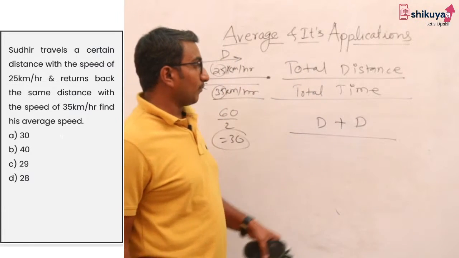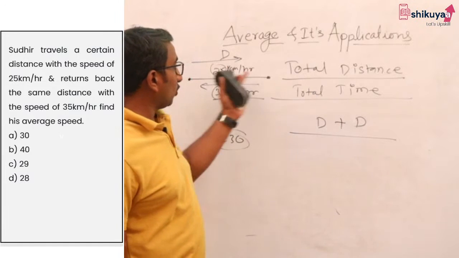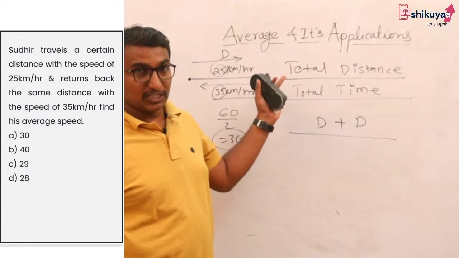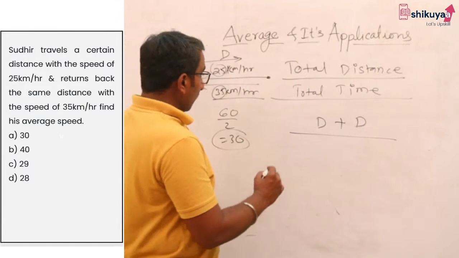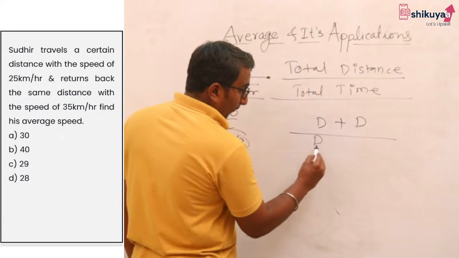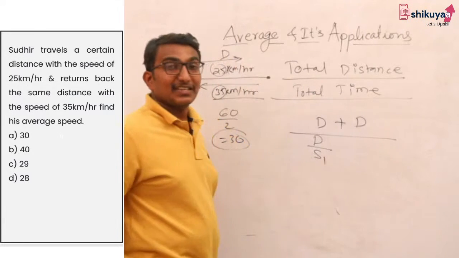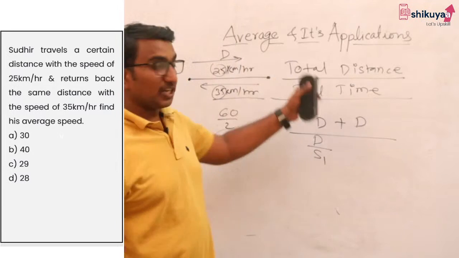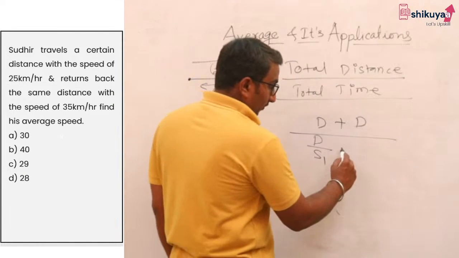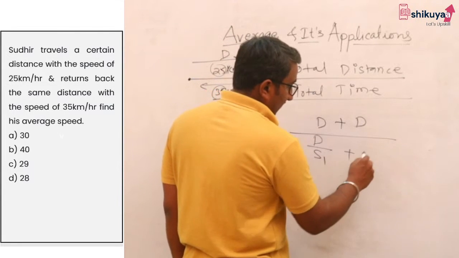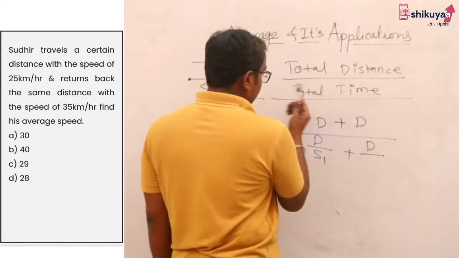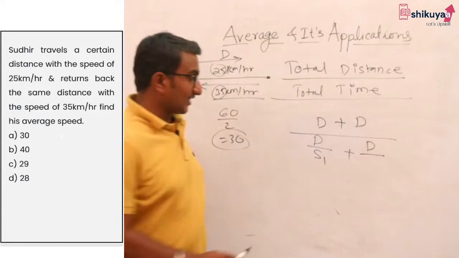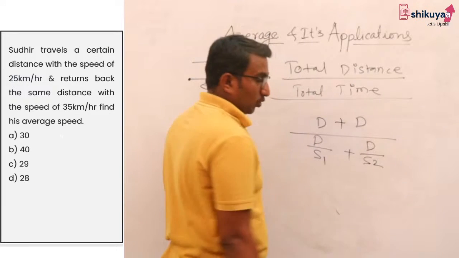Now total time: the time he took to go the first time is d upon s1, where s1 is the speed with which he traveled, plus d upon s2, the speed with which he returned.